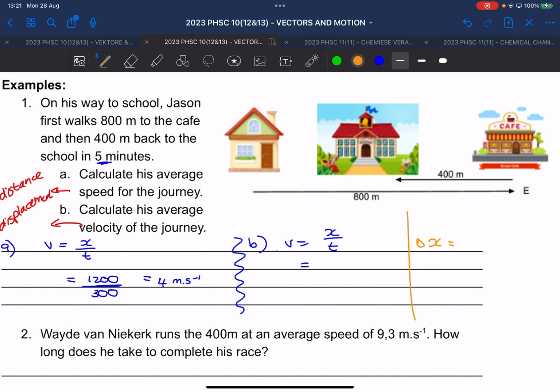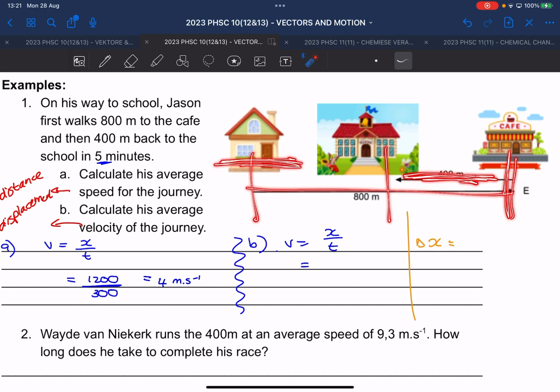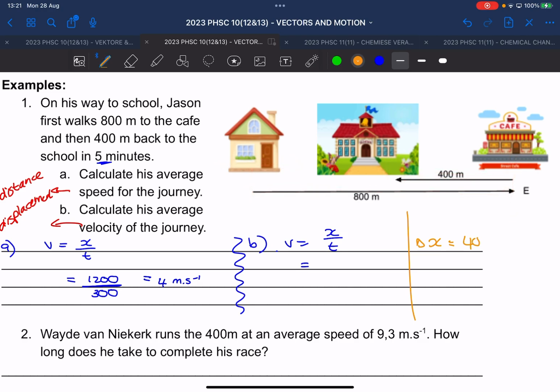Say again? Yeah, give me the direction. East. Because he started there and then he ended there. So he walked 400 meters east. How do I know it's 400? Because that there is 800 and that there is 400. So the difference is 400. So his displacement is 400 meters east.